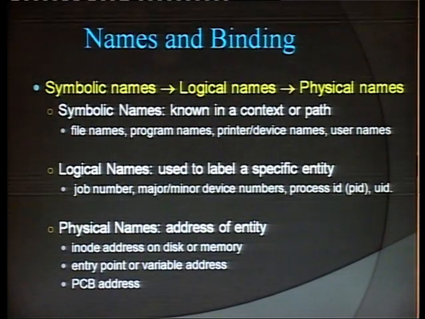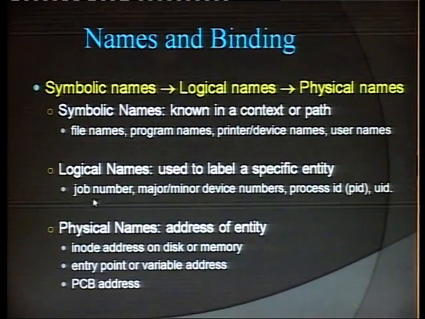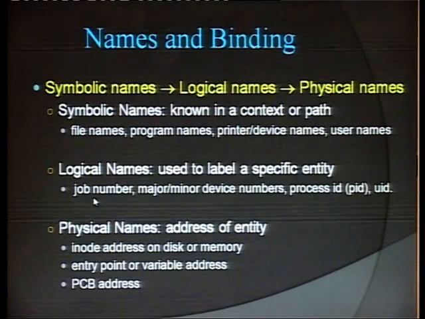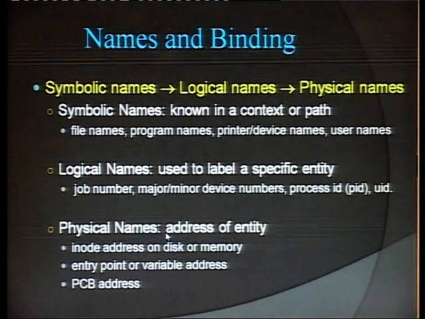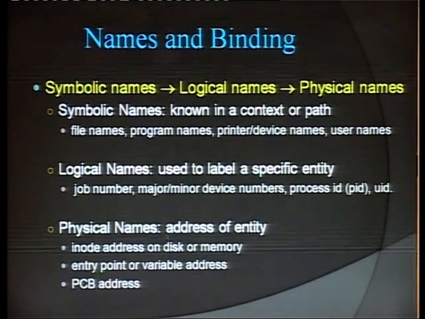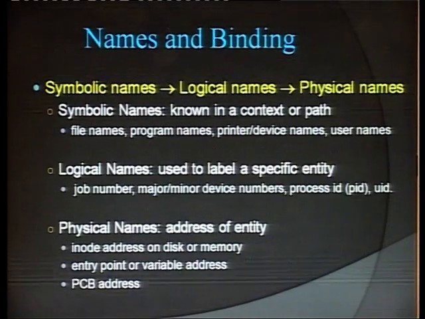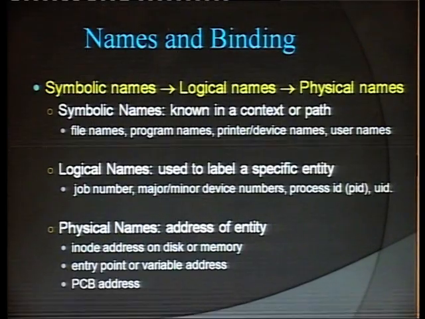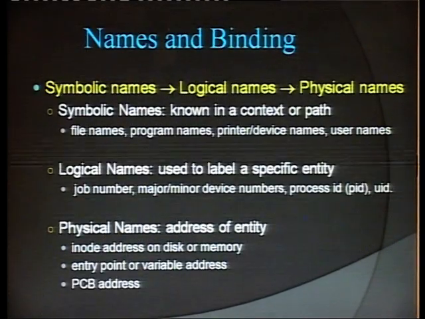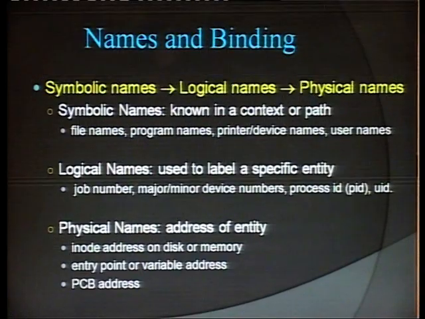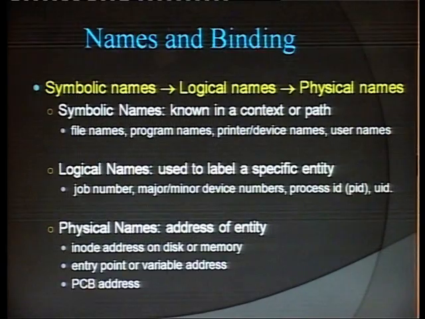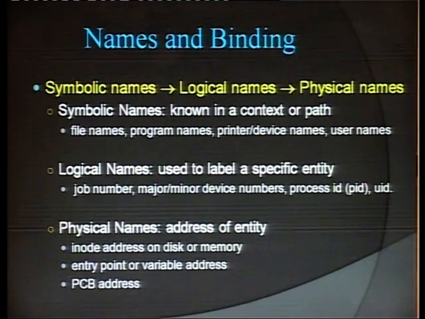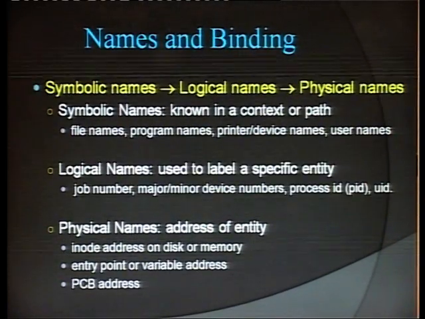So a symbolic name is a file name, program name, printer name or user name. A logical name is like a job number, minor and major device numbers, process ID, or UIDs. Physical name is the name or address actually on the disk or main memory, such as an entry point, variable addresses, or PCB addresses. That means the actual address in main memory is known as a physical name.